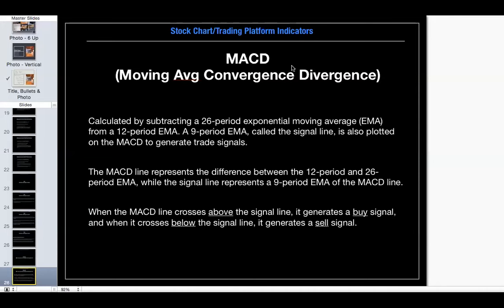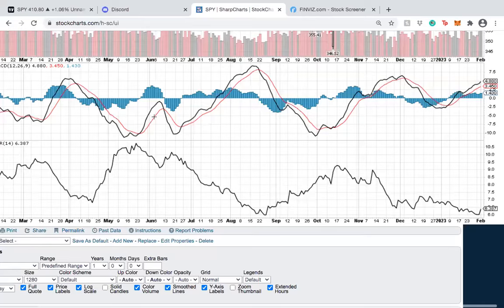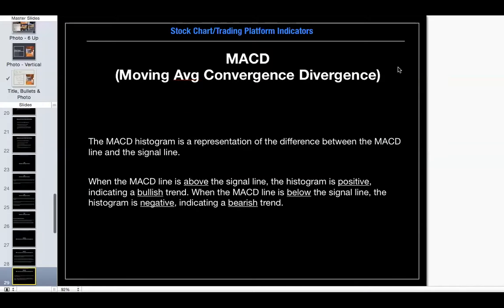And when it crosses below the signal line, here, here, here, here, that generates the sell signal, right? Makes sense?